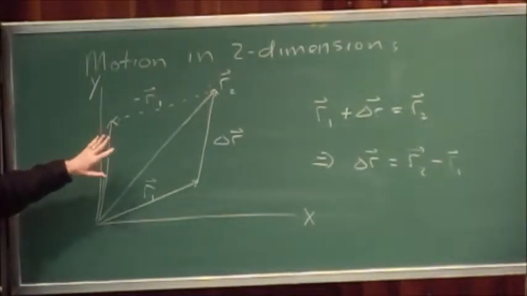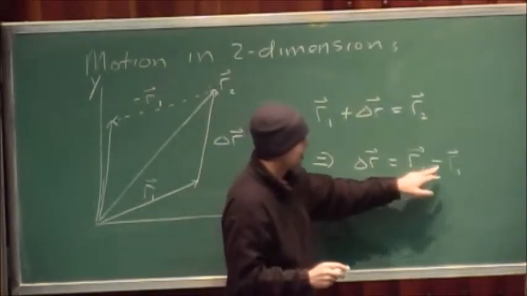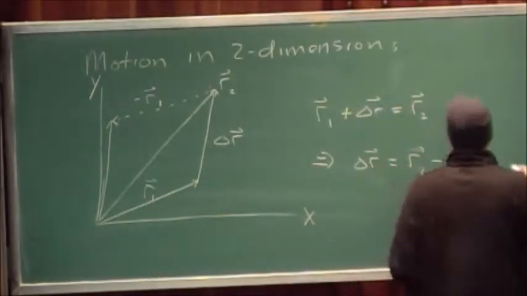So any way we want to think about this, this is how we can write this. Delta R is literally the change, R2 minus R1.